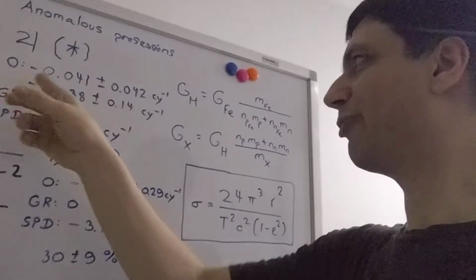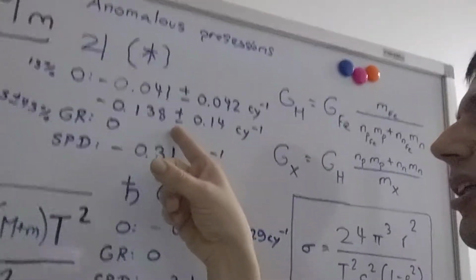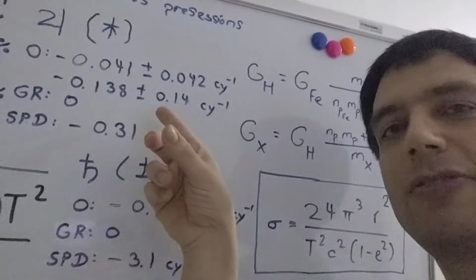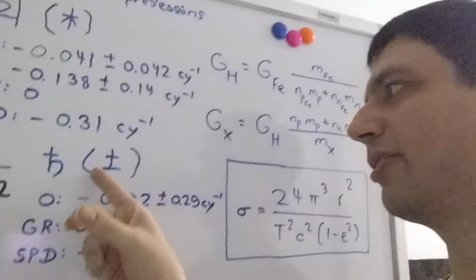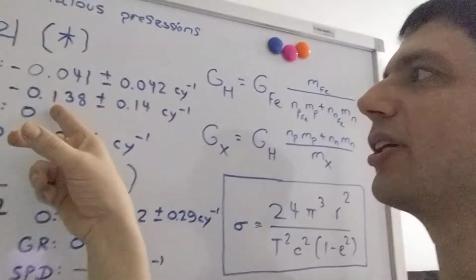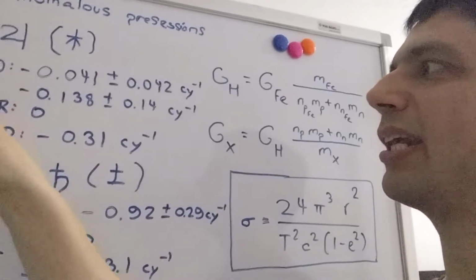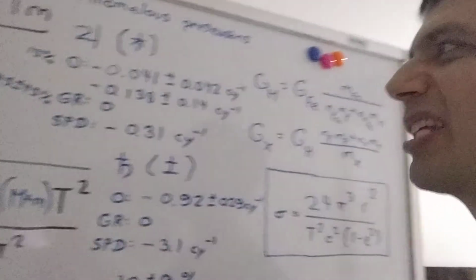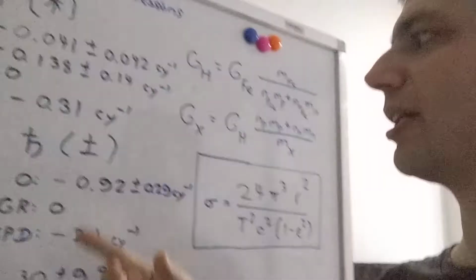And so if we take this reconstructed value based on Jupiter, then it's an agreement of 45 plus minus 45%.